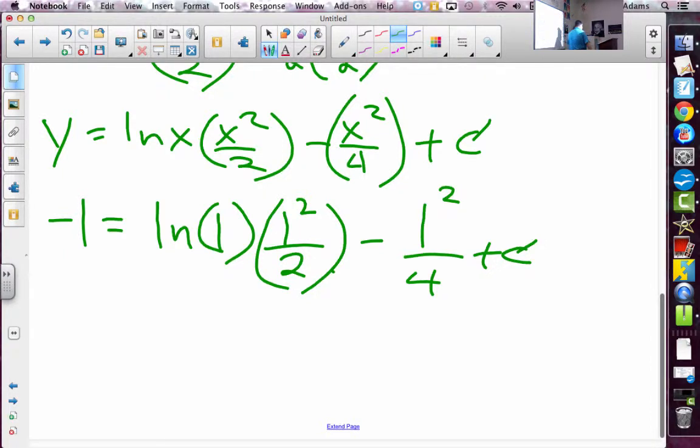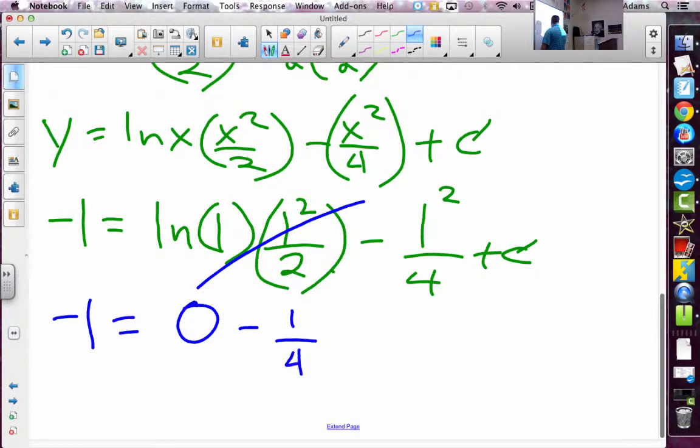All right. Somebody remember what the natural log of 1 is? I do. No? Yeah, the natural log of 1 is always going to be 0, so this whole thing goes away and becomes 0. So I got -1 is equal to -1 over 4 plus c.